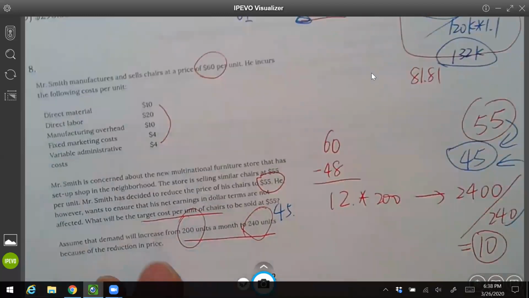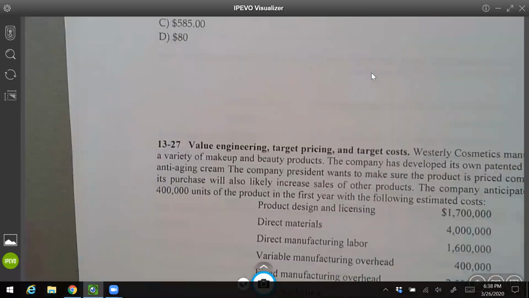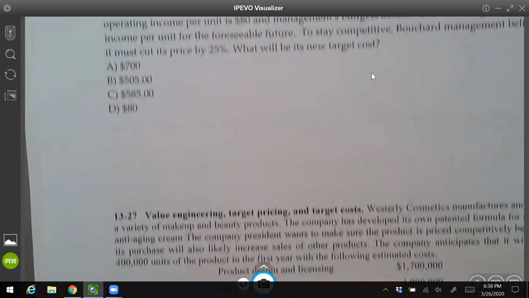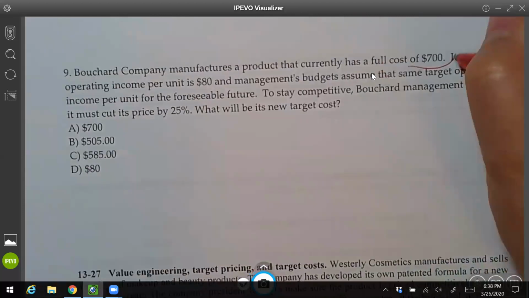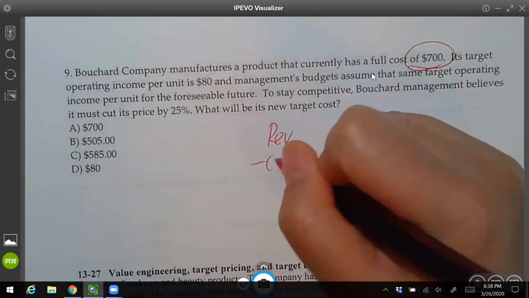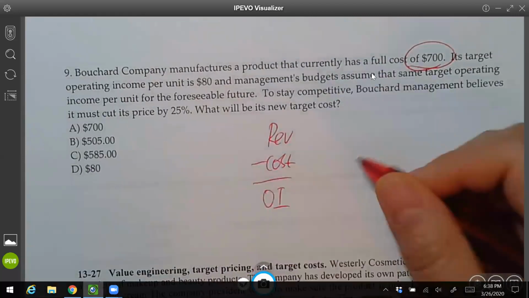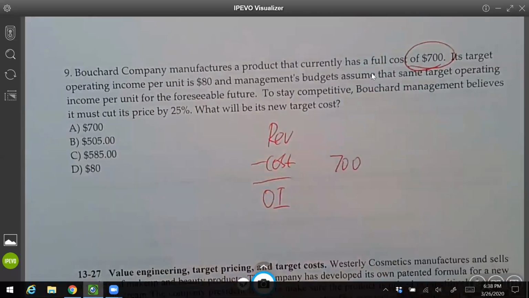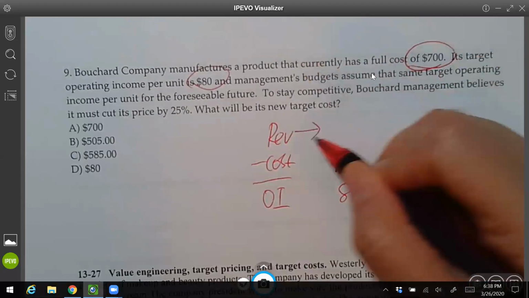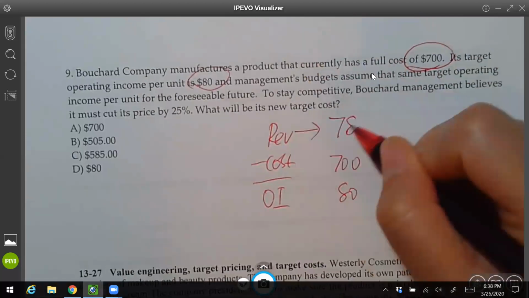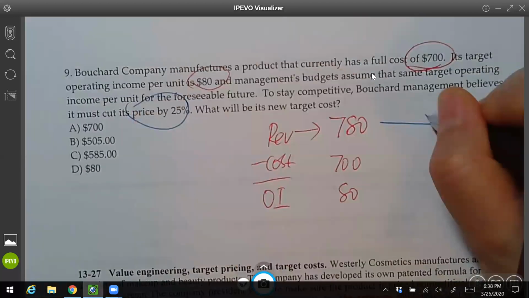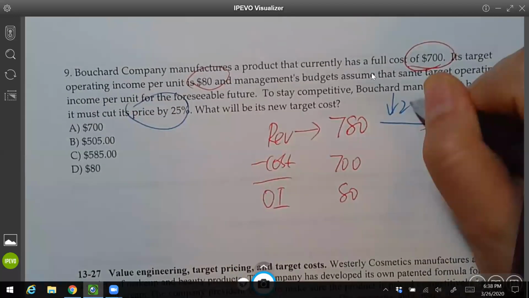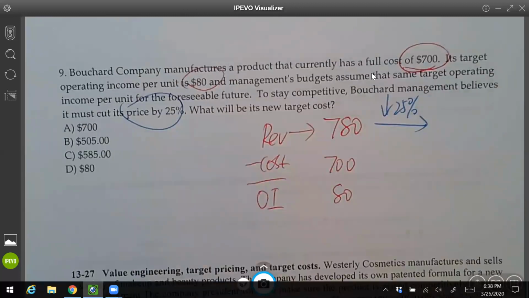Okay. Next one, question 9. You have current cost. Revenue minus cost gives you operating income. Cost is 700,000. Target operating income is 80, so your selling price has to be 780. And then you want to cut the cost by 25%.